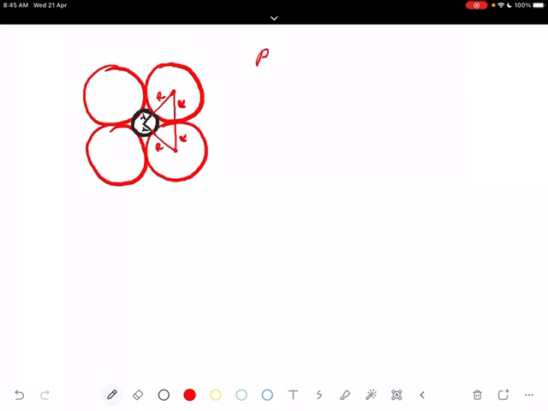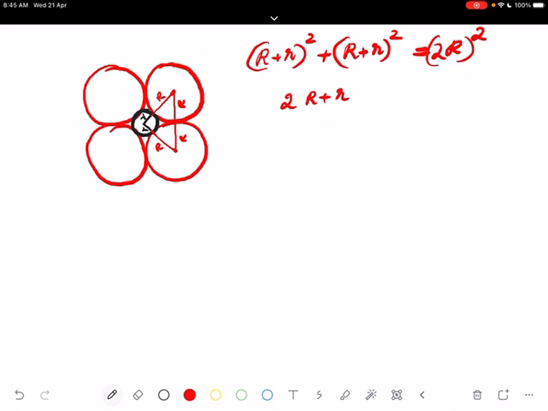So (R + r)² plus again (R + r)² is equal to (2R)². So on the left hand side, twice (R + r)² is equal to 4R². Now, you take the square root. Taking the square root.